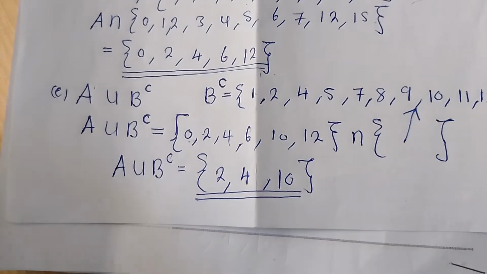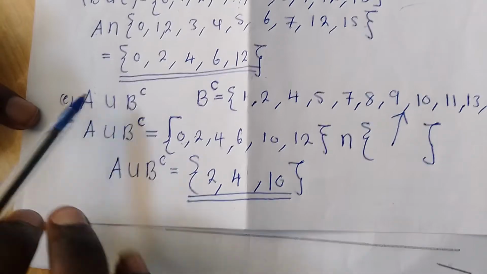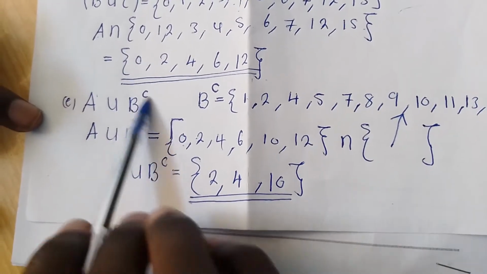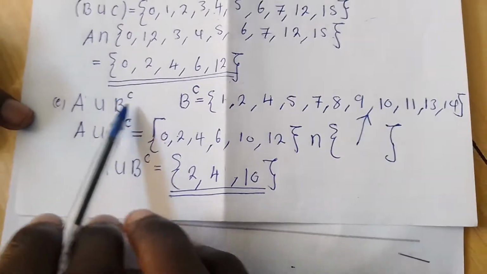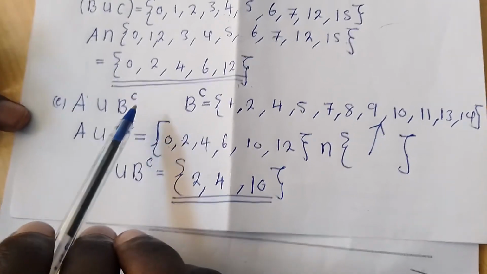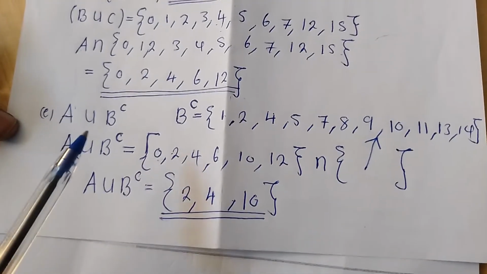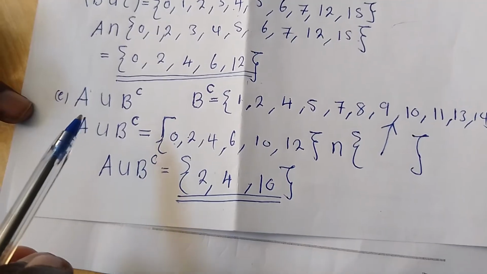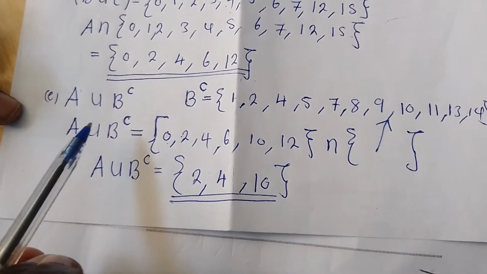So make sure that you understand this. Here, A union B complement, just make sure that you find the complement of set B. This simply means complement, the C on top. So you are going to remove all the elements of set B from the universal set, and at the same time from A and C. Then you combine A and C together with the universal set, and make it one set.